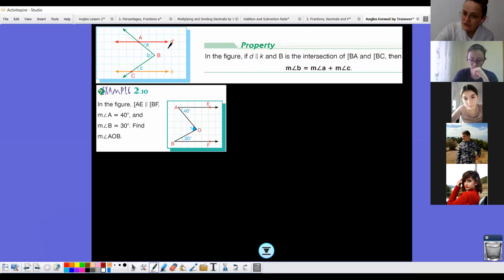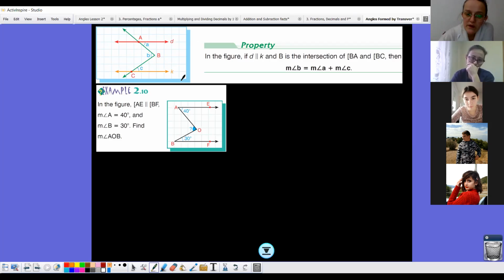In these kinds of figures, the measure of angle B in the middle is equal to measure of angle A plus measure of angle C. Their sum will give you this angle, if these two lines D and K are parallel.